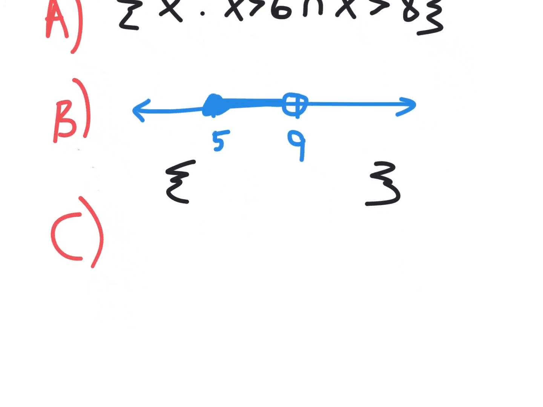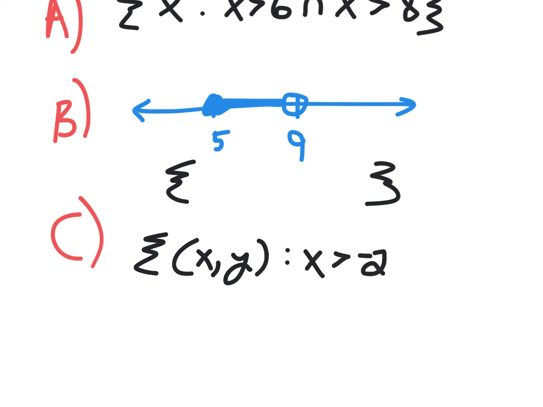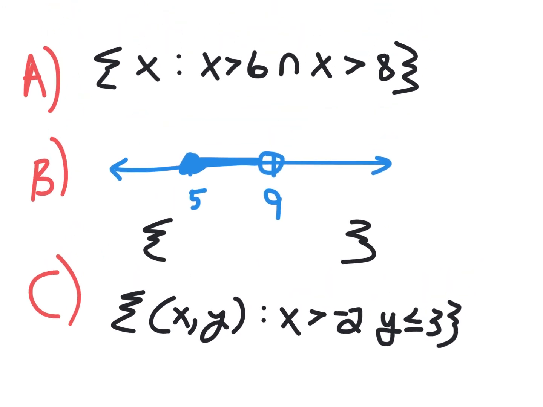And then the last one, it's x comma y, where x is greater than -2, and y is less than or equal to 3. All right, give that your best shot. In a moment, take your time, because these are tricky little detail-oriented answers, and check with the kid next to you.